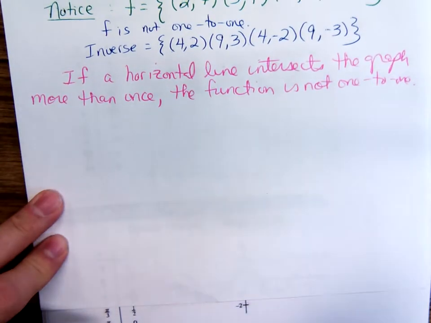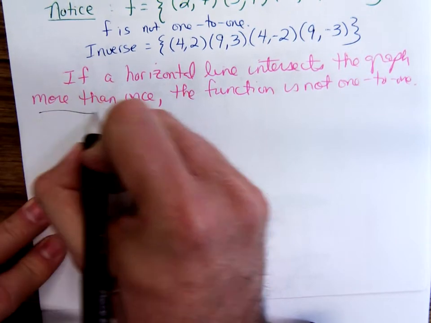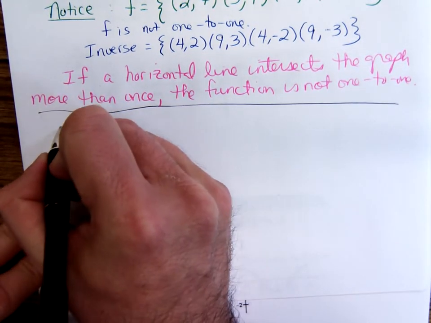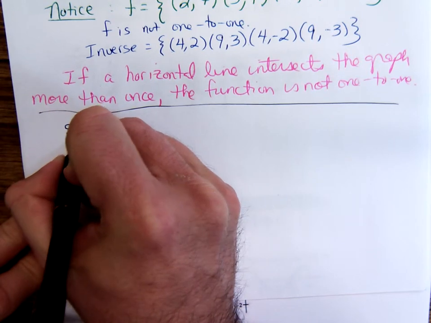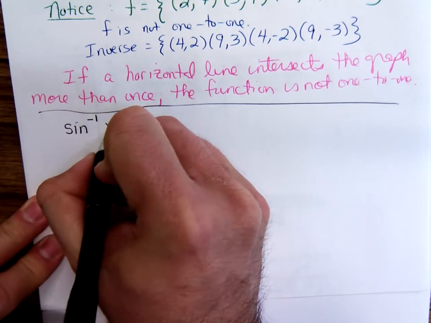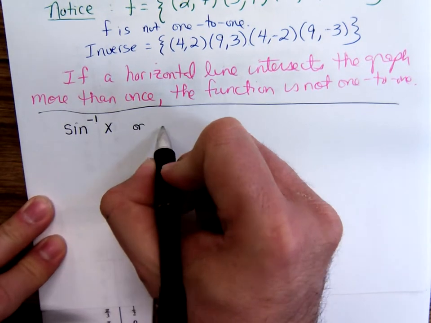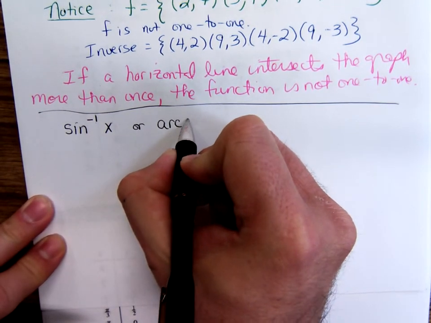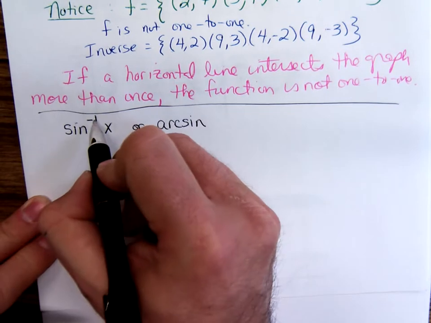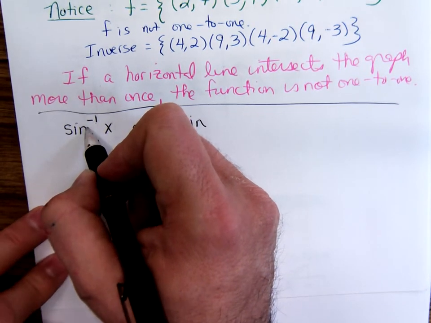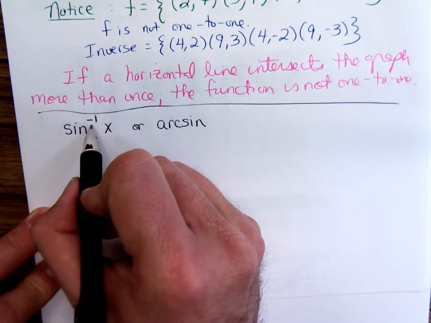We're going to use two different notations for the inverse trig functions. We'll use the little -1 notation, or way before people could easily type exponents, publishers wanted a way of being able to write these things without that little -1 exponent.